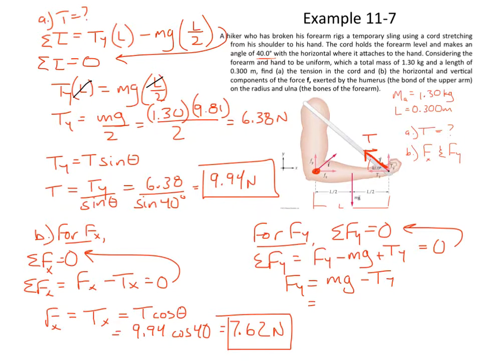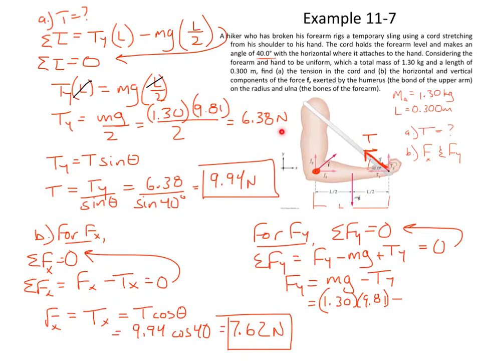Mg is, what is the mass? 1.30 times 9.81. We're going to subtract from that Ty, which we found way up here. Here's the Ty, right? That's what's acting upwards. That's up, that's down, that's up. So we're solving for Fy by plugging in Ty right here.